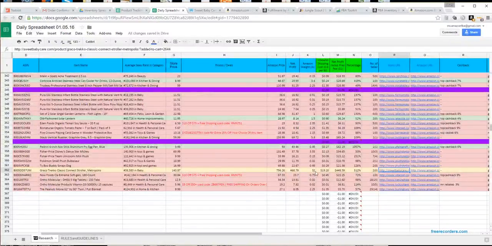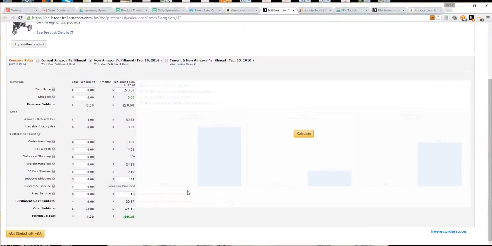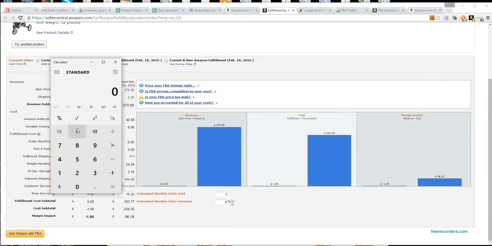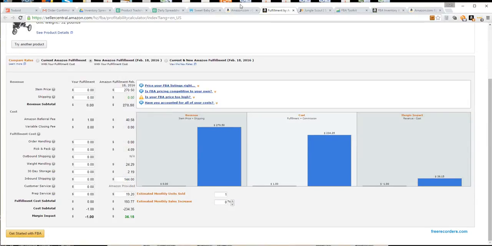Our fees would be 19.20. So let's do a quick calculation. Our total cost would be about 144 plus 19.2, so 163. So 20% return. Yeah, that's a bit low.